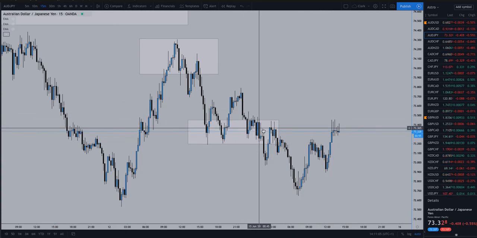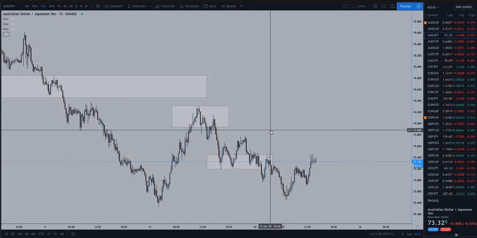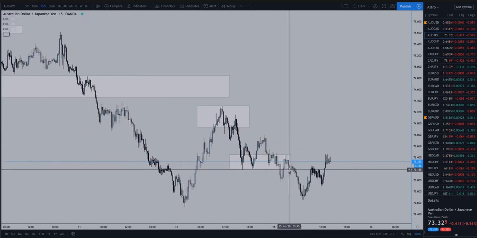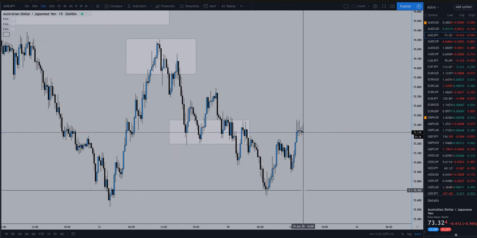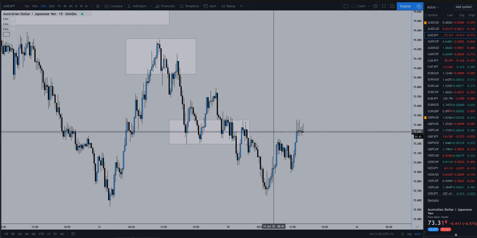Retesting another zone. Okay, so honestly, if you're gonna sell AUDJPY based on structures, price action, now wouldn't be a bad time. I say that because you have a good risk reward in here.